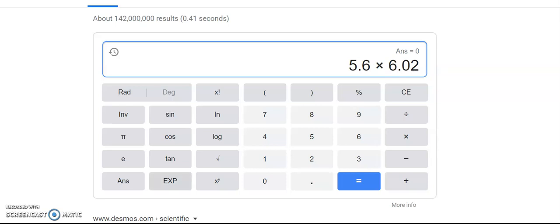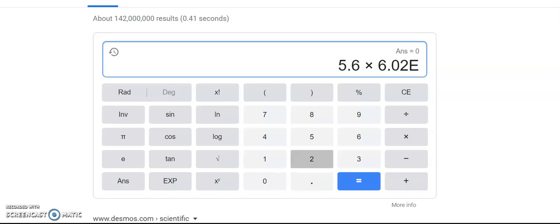I'm going to hit EXP, and that is going to replace the times and the 10 and any caret that you might use. If you use times 10 and a caret key, you will find yourself making calculator errors and coming out with some really strange numbers that aren't correct for mole conversions. So I'm going to use this 6.02. I'm going to hit this button instead, and I'm not going to hit times or 10 or caret.